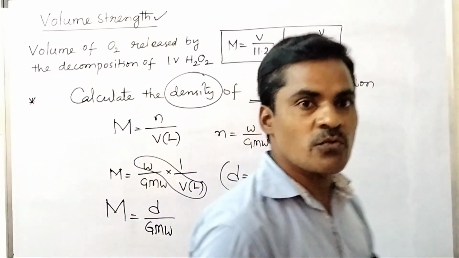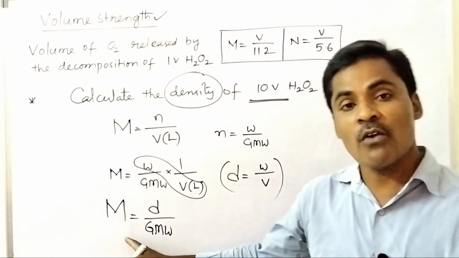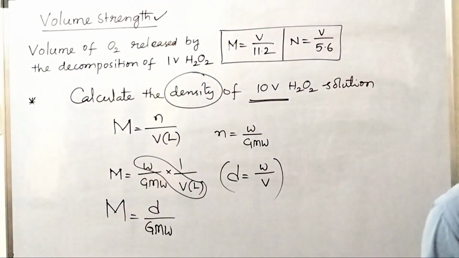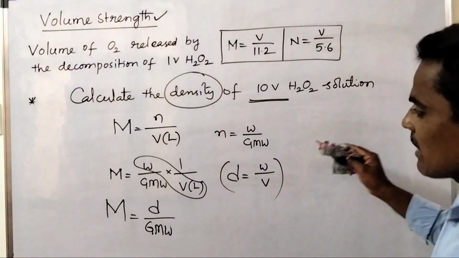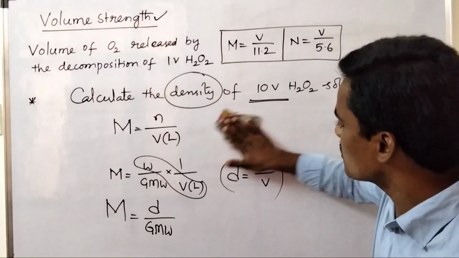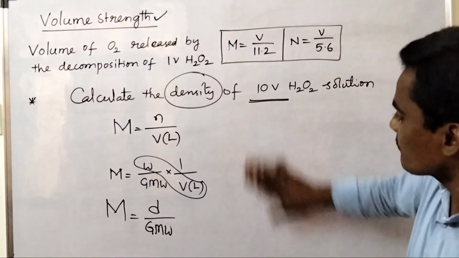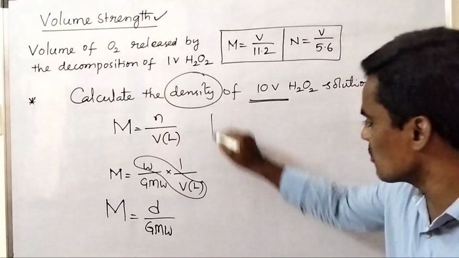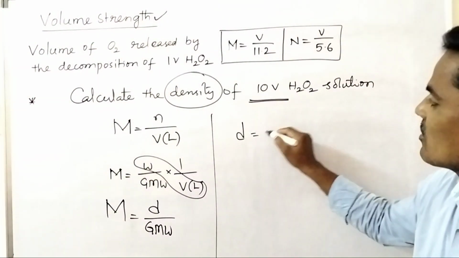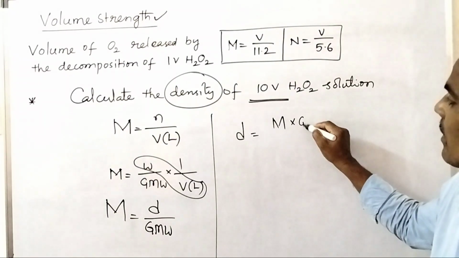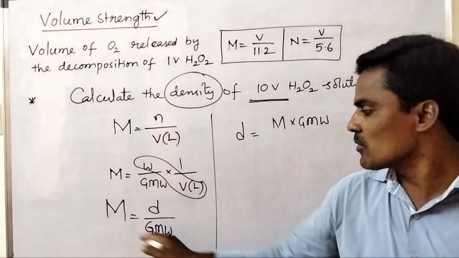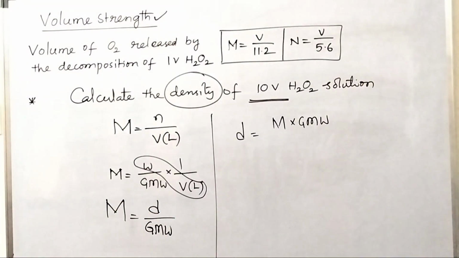Now we have to calculate the density of that solution, so density equals molarity into gram molecular weight. Is it clear?